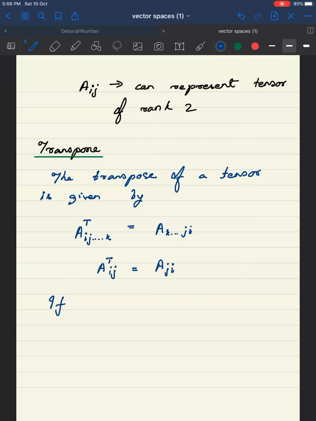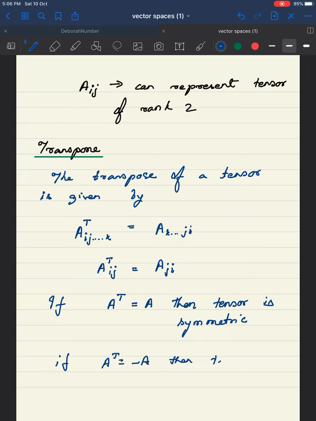A symmetric tensor is such that when you do the transpose, A transpose is equal to A. Then the tensor is symmetric. In an antisymmetric tensor, if A transpose equals minus A, then the tensor is called antisymmetric.